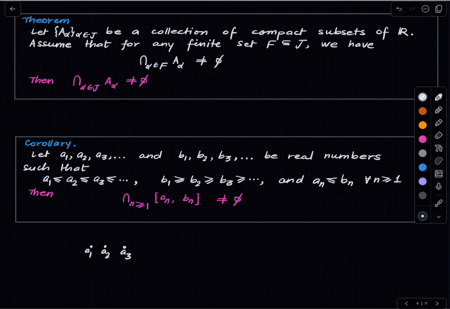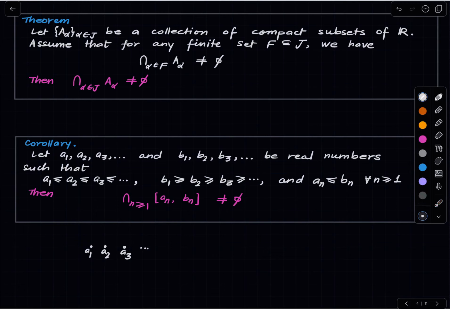It follows that each BI is at least each AJ, right? Because this is a decreasing sequence, and this condition together imply that each BI dominates each AJ. Okay? All right. So the picture looks like this.